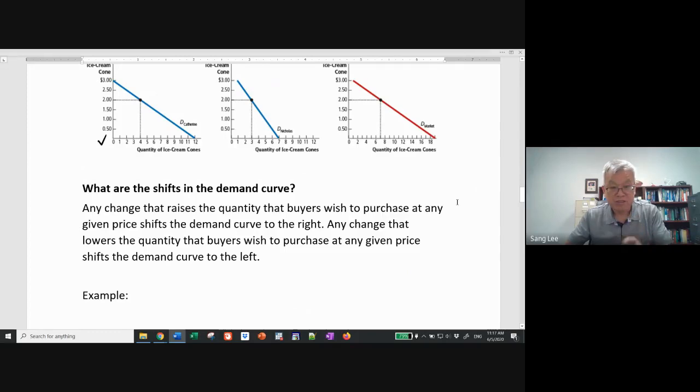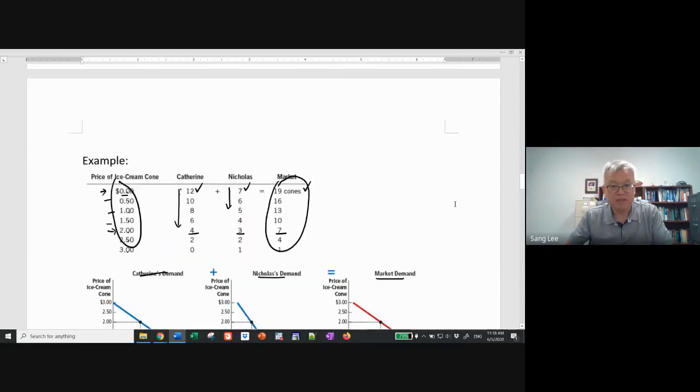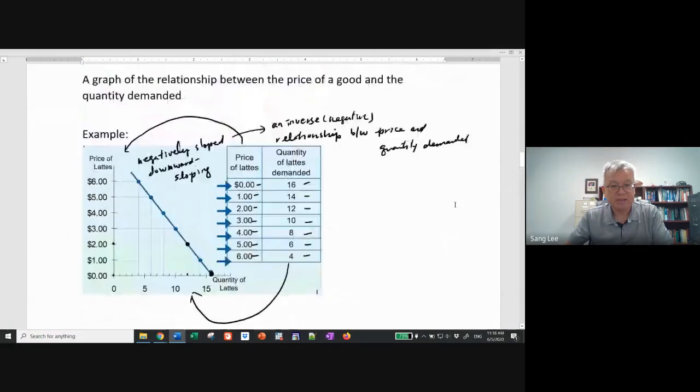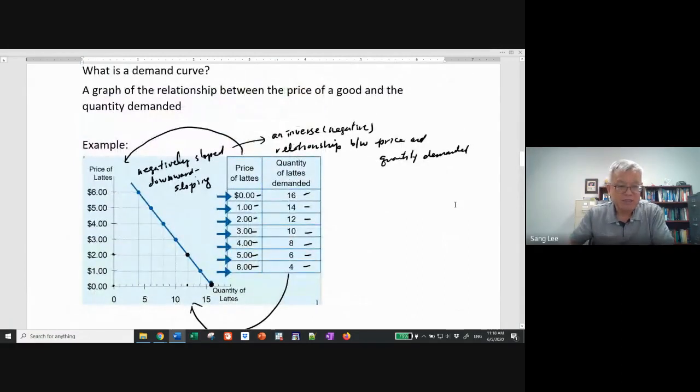Before we discuss this, let me back up a little bit. Let me go back here and look at this demand curve. So what do we see here? As the price is rising from 1 to 6, the quantity demanded is decreasing. What it means is when the price is 1, the total quantity demanded is 14, or the number of lattes purchased will be 14.